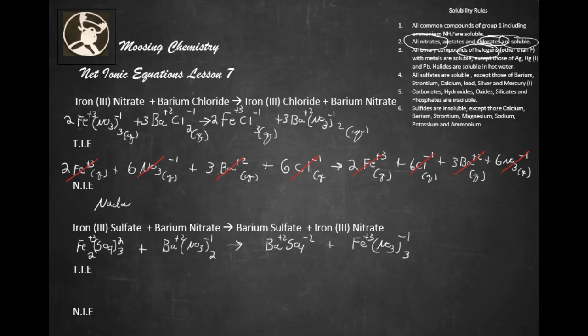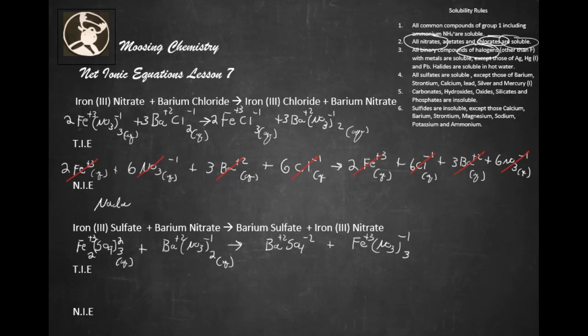So now, let's look to see who's what. All sulfates are soluble except for those of barium, strontium, calcium, lead, silver, and mercury. So the first one is soluble, so we're going to put this as AQ. All nitrates, acetates, and chlorates are soluble, so that's going to be AQ.